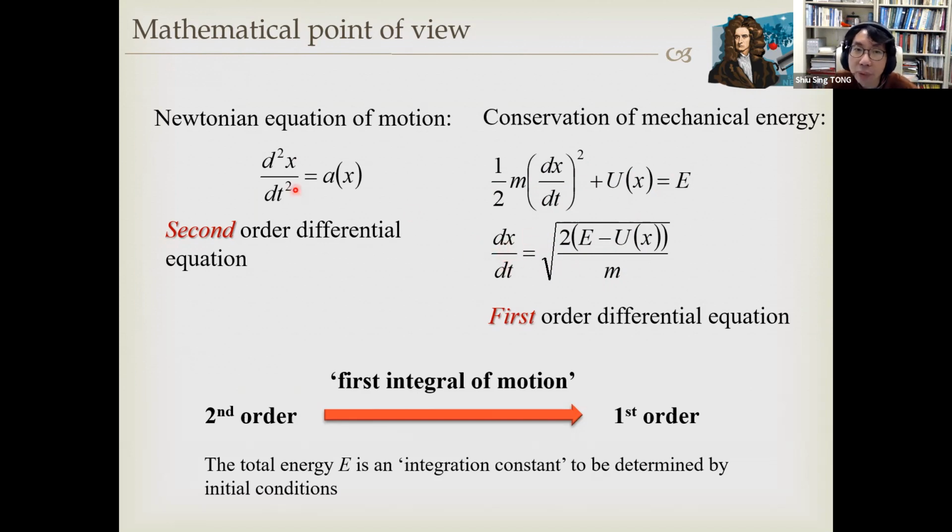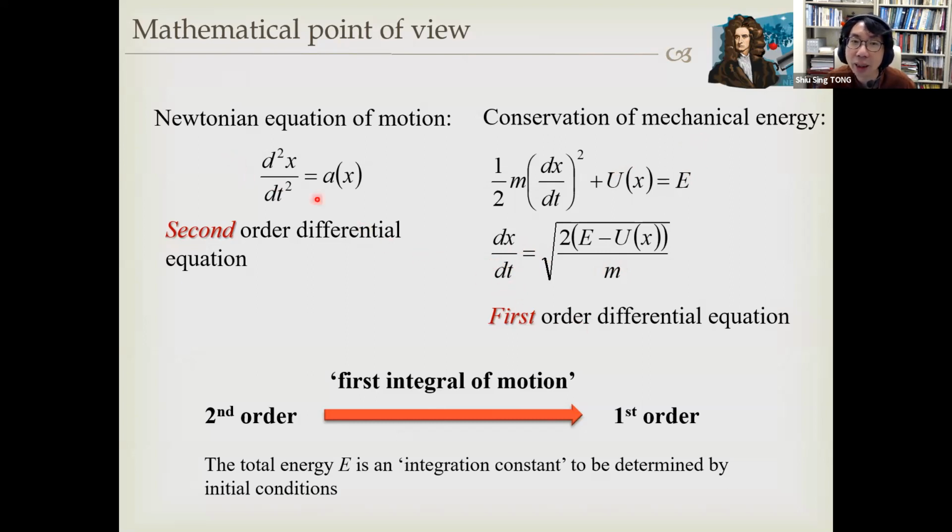Now you can see when comparing this equation and this equation, you find that the form is quite similar. But the Newtonian equation of motion involves the second derivative of the displacement, d²x/dt², while the conservation of mechanical energy equation only involves the first derivative, dx/dt, right?